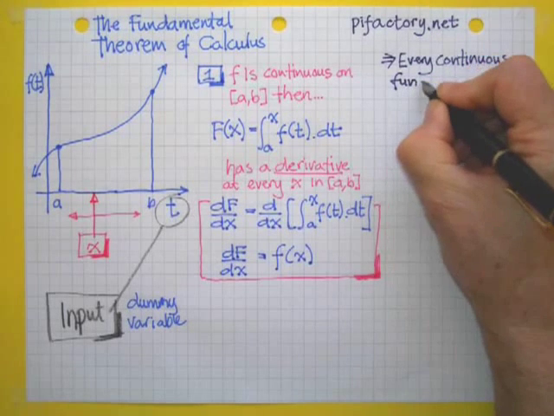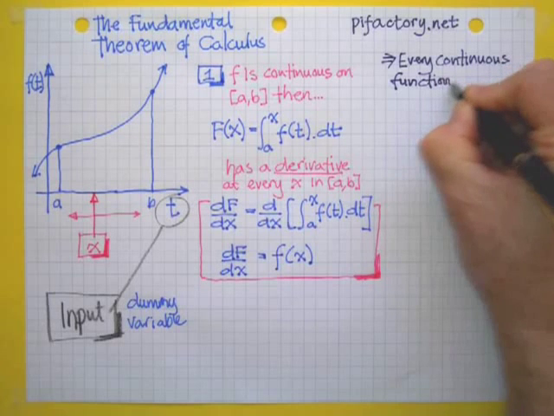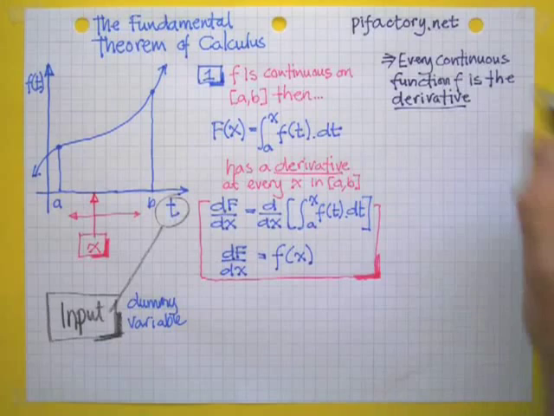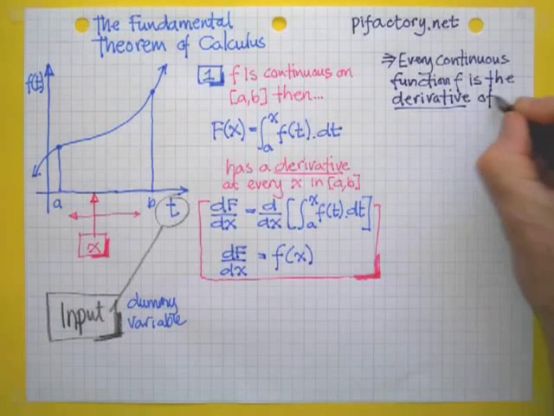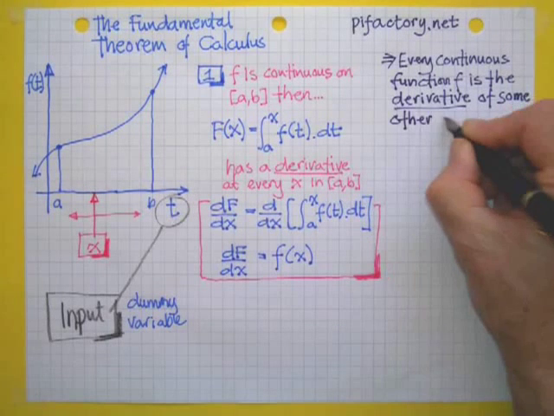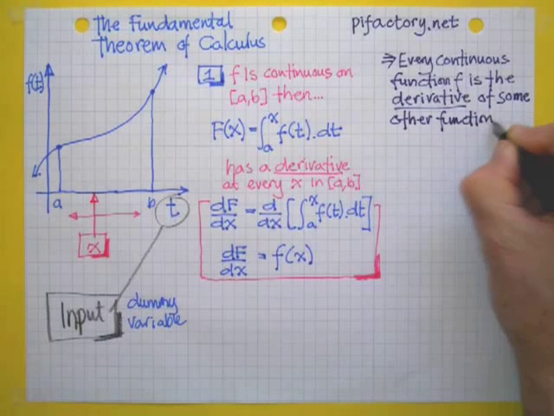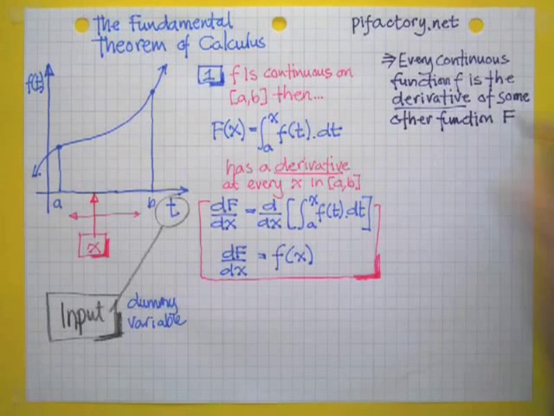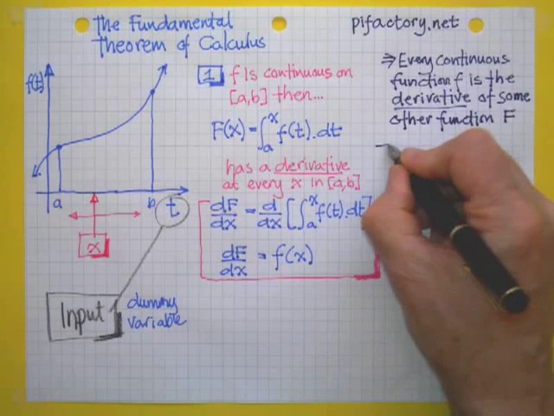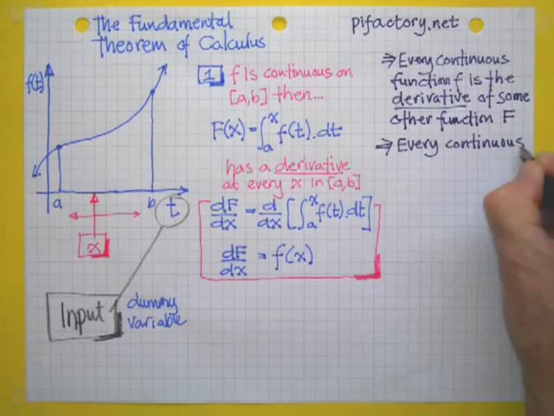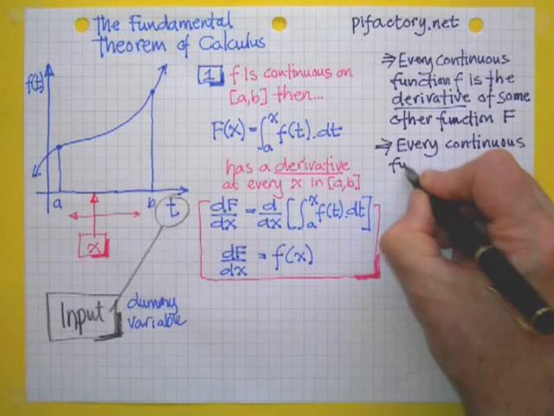So it tells us that every continuous function f is the derivative of some other function, large F, and every continuous function also has an antiderivative.